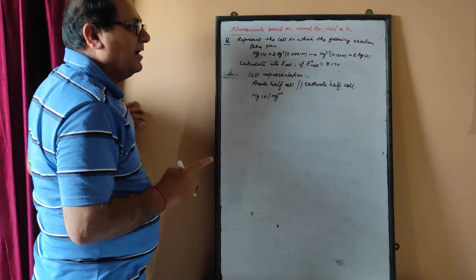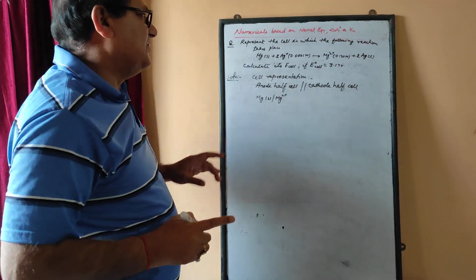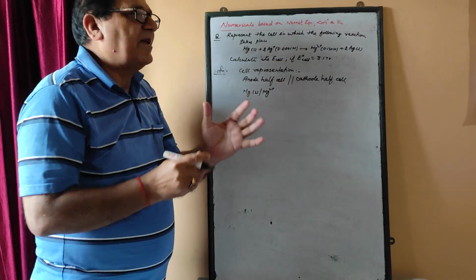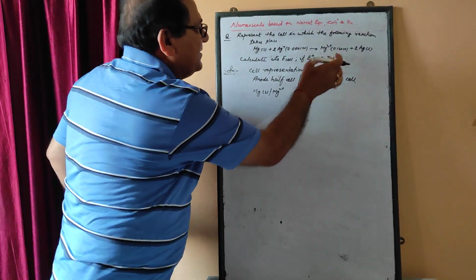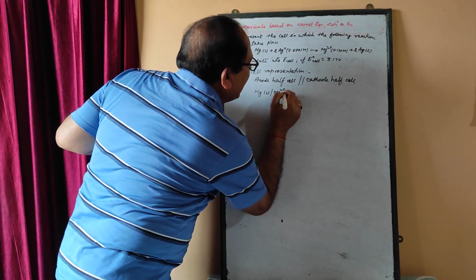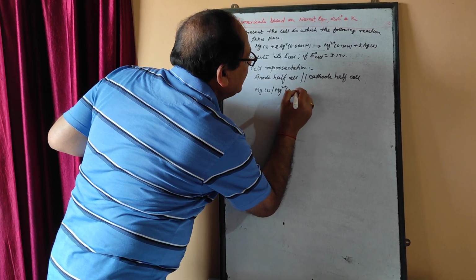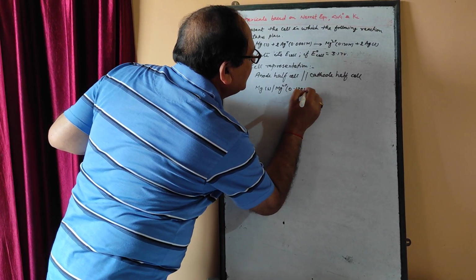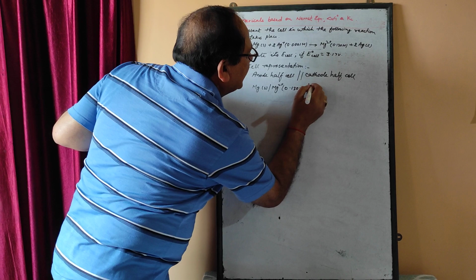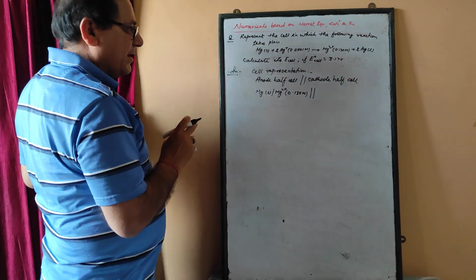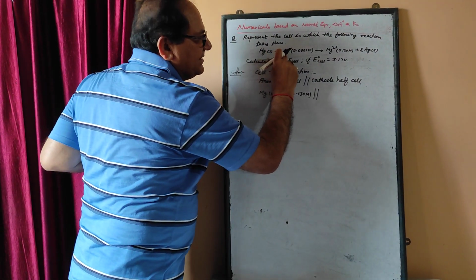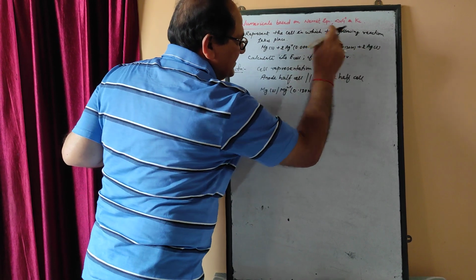I told you at that time, if concentration is not known, you have to write aqueous only. But here the concentration is known, so in brackets you should mention the concentration of Mg2 plus. Now the bridge. Now check reduction: Ag plus converted to Ag.